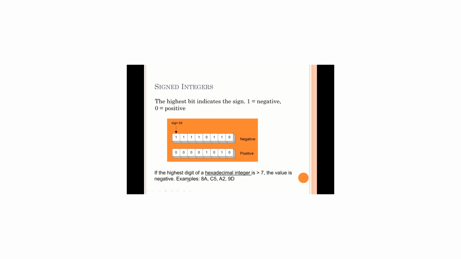For signed numbers, that's 2 bytes. 8A, C5, A2, 9D, these are all negative numbers because the most significant digits here, 8, C, A, 9, are all greater than 7.